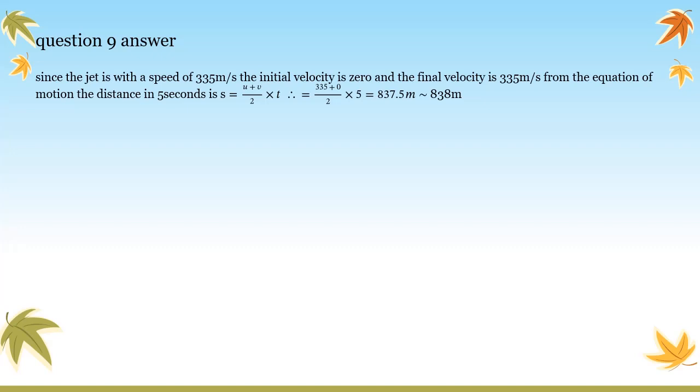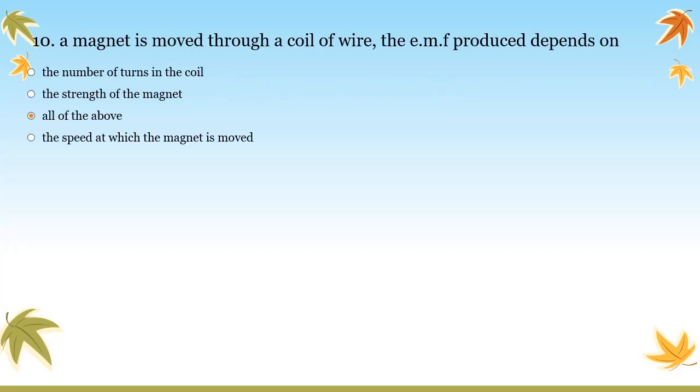From the equation of motion, the distance in 5 seconds is s equals (u plus v) over 2 times t equals (335 plus 0) over 2 times 5 equals 837.5, about 838 m.